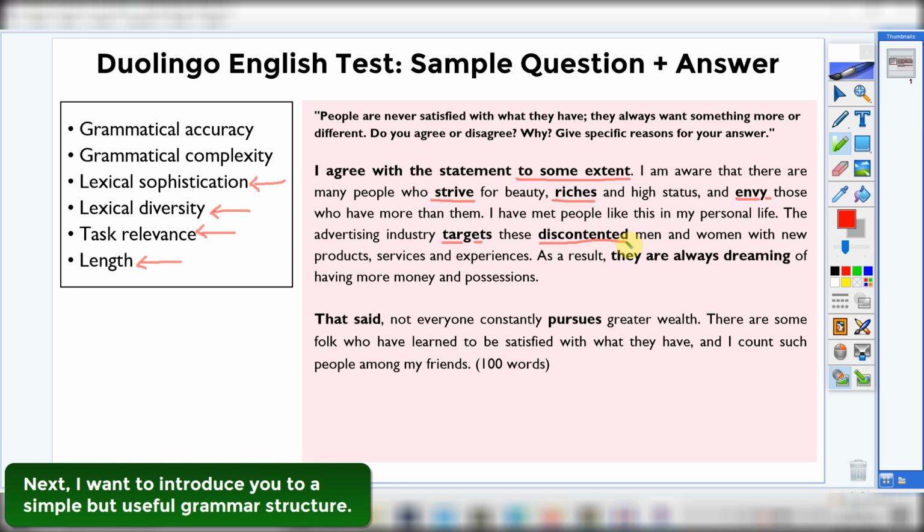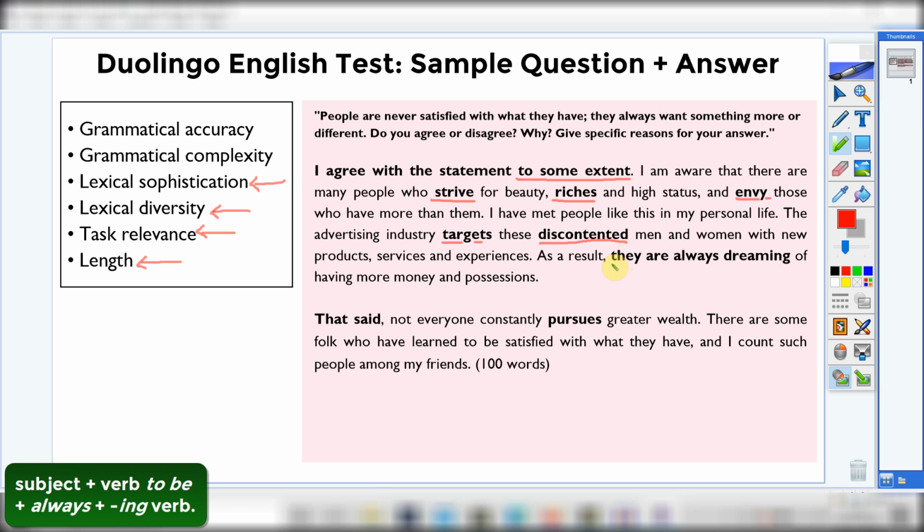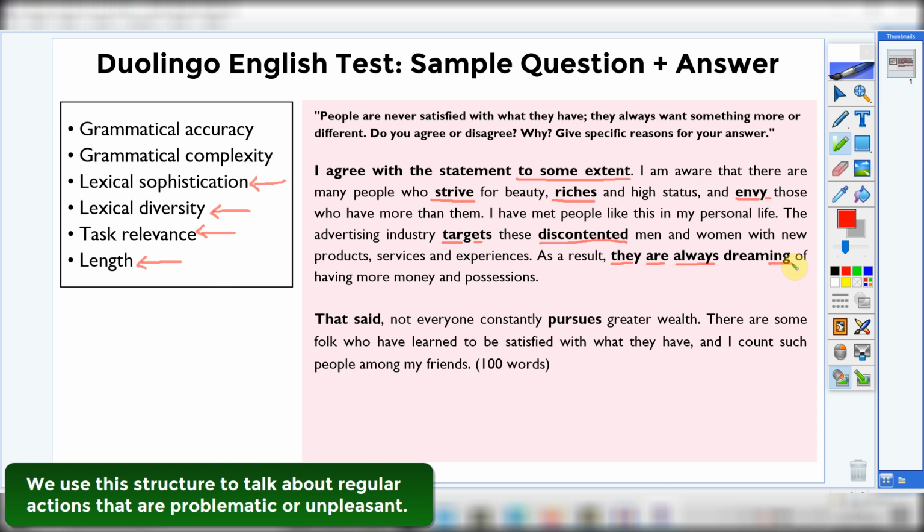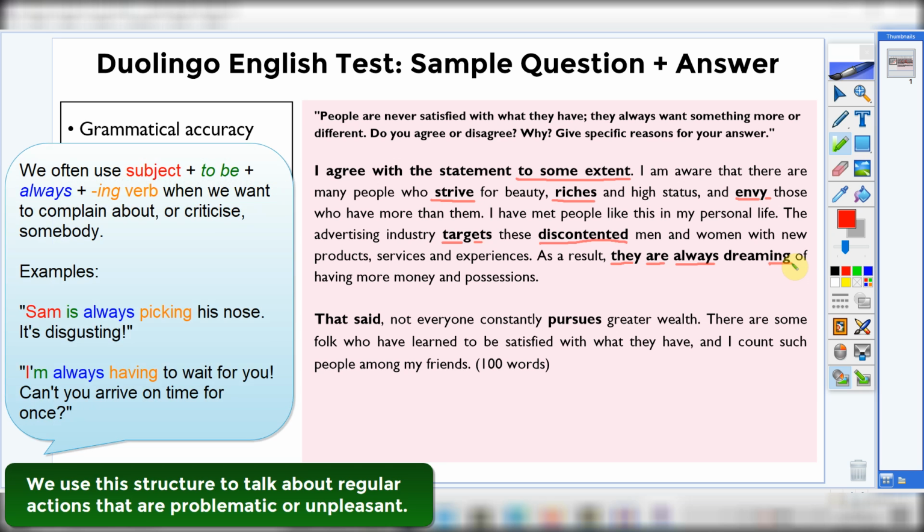Next, I want to introduce you to a simple but useful grammar structure. Subject plus verb to be plus always plus ing verb. We use this structure to talk about regular actions that are problematic or unpleasant.